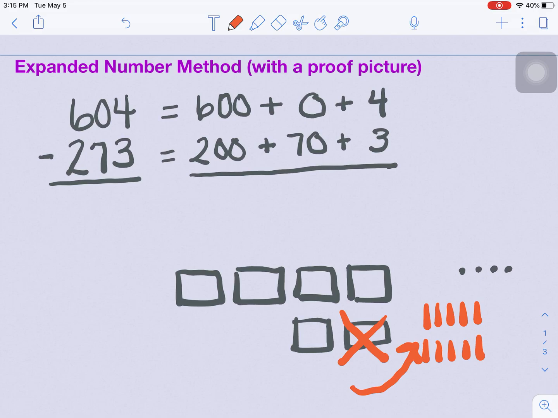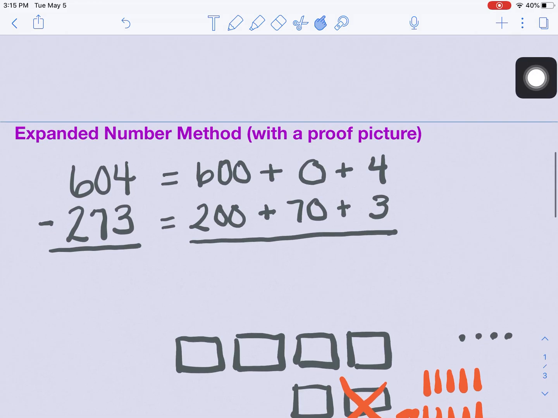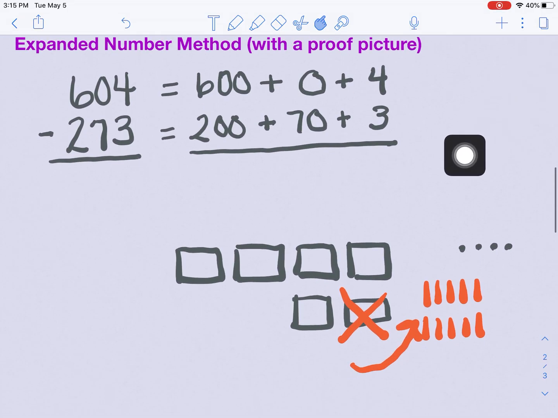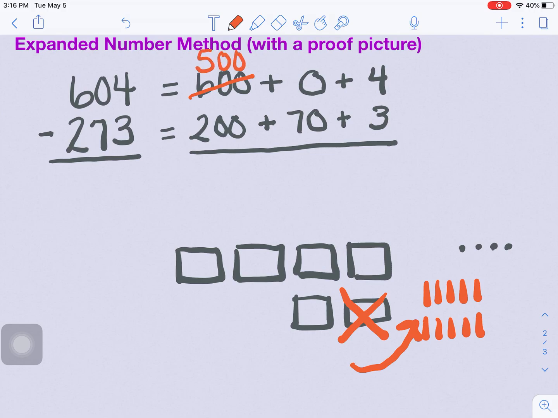I can see I have 500, so I change that up here to 500. I now have 10 tens, which is equal to 100, and I still have my 4 ones.